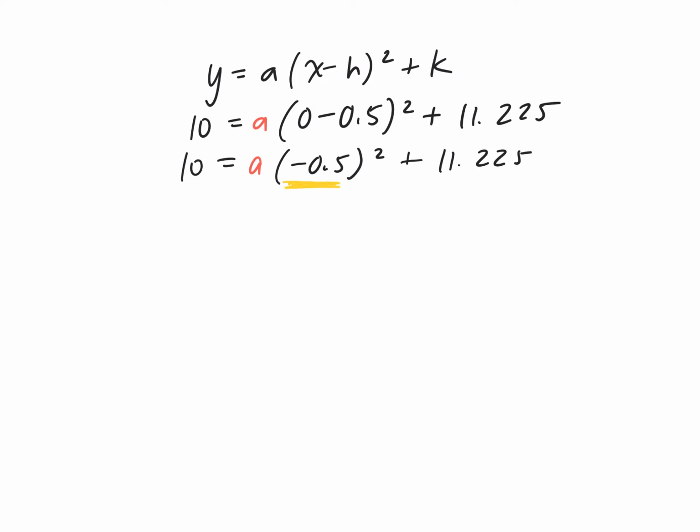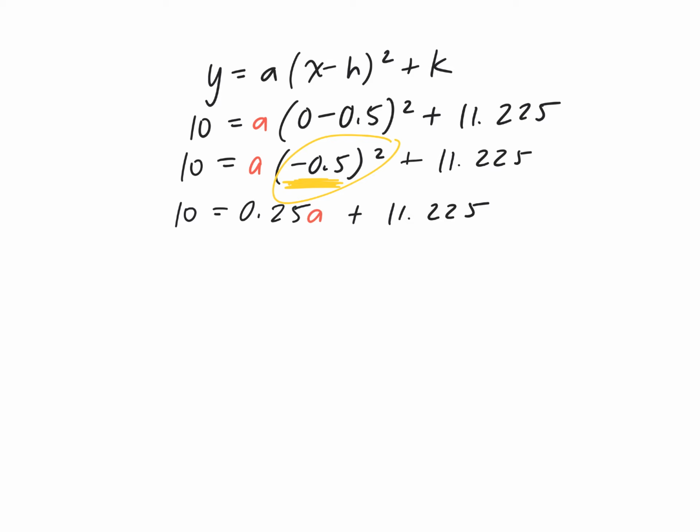Look here. It's negative 0.5 squared. What's a negative times a negative? What's negative 0.5 times negative 0.5? Positive 0.25a. Make sure you follow BEDMAS. Okay, right? So we have to rearrange this.